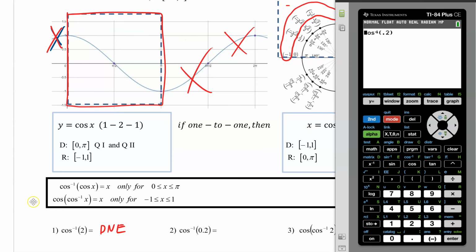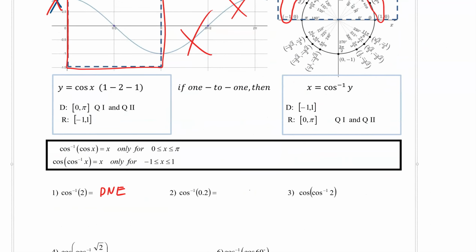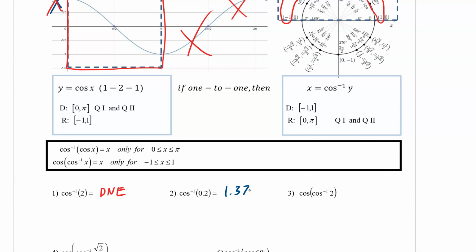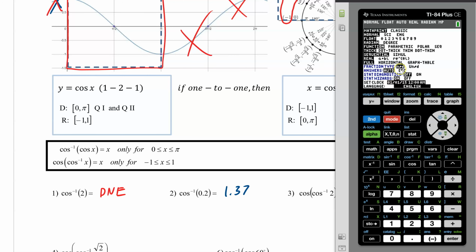So remember, this is spitting out the angle. So it's going to spit out that in radians. So 1.37 radians. Or if you want it in degrees, you hit mode, and then we change it to degrees.